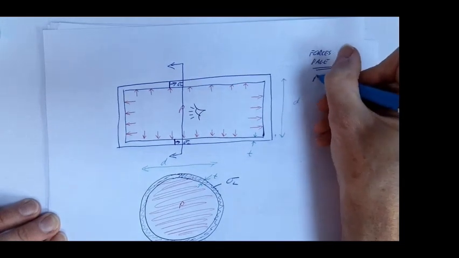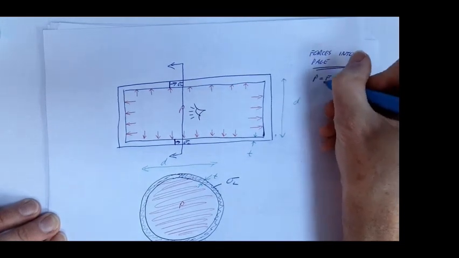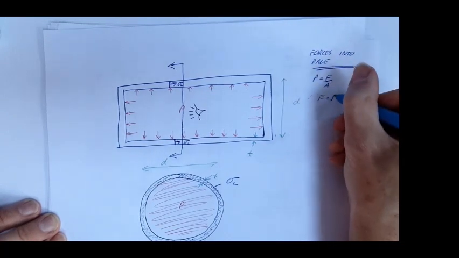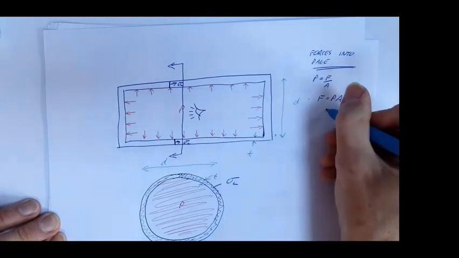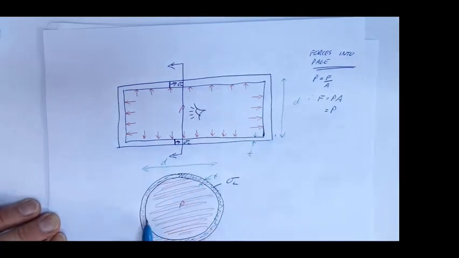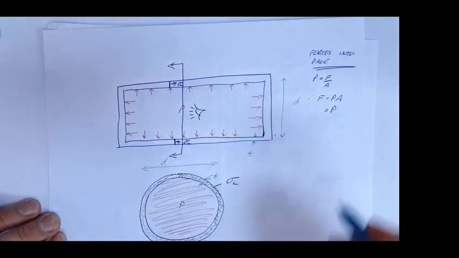So pressure equals force over area. Therefore, my force is simply my pressure times by my area. My pressure we've called P. My area is the area of this circle, which is pi r squared.